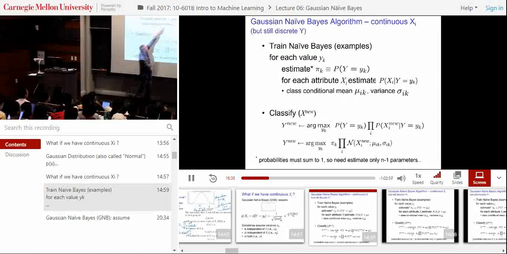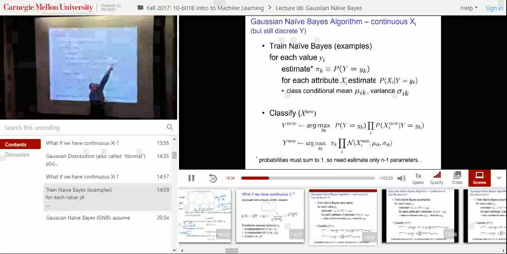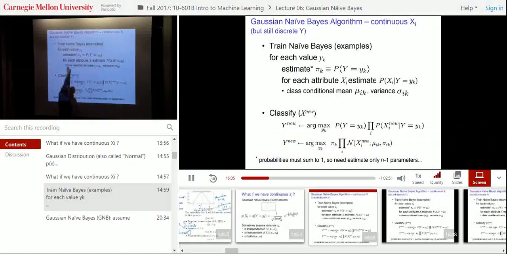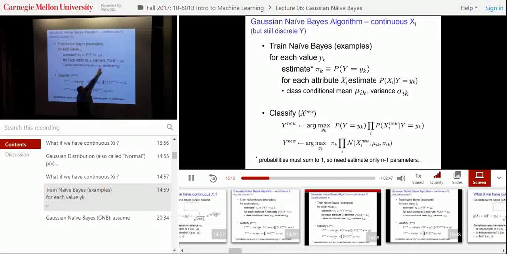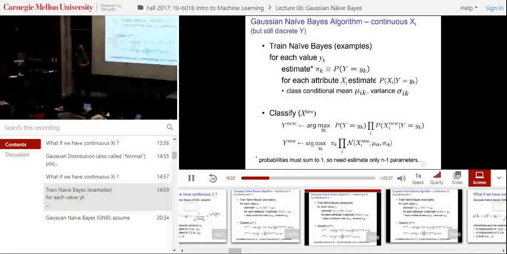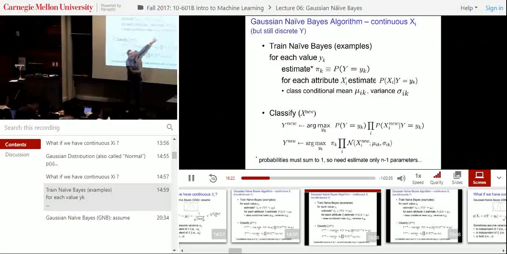But now for each x sub i, we're going to estimate the mean value of x conditioned on y being yk and the variance of x conditioned on y being yk. So basically, instead of estimating our old friend theta, now we estimate the mean and the variance for the continuous x sub i.